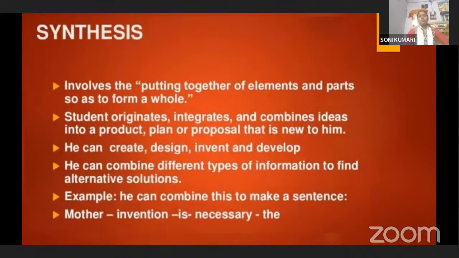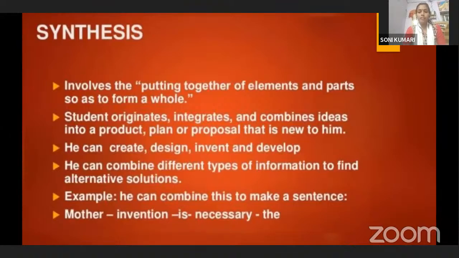Synthesis involves putting together elements and parts to form a whole. Students originate, integrate, and combine ideas into a product, plan, or proposal that is new to them. Now he can create, design, invent, and develop. He can combine different types of information to find alternative solutions.